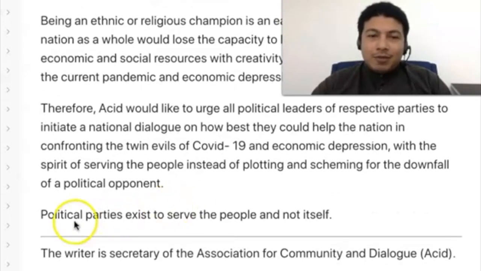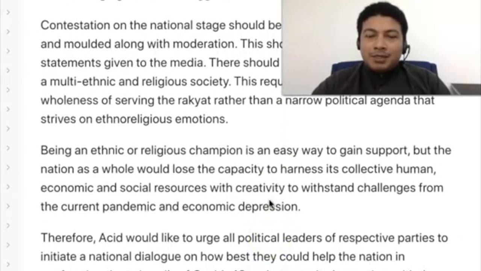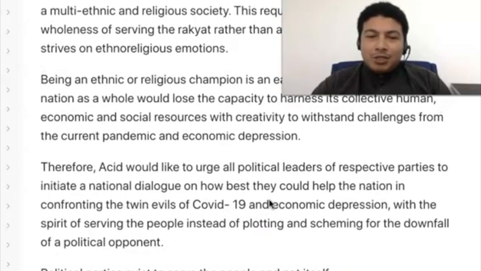And it ends with political parties exist to serve people and not itself. So the implied main idea is that politicians don't really do what they are supposed to do, which is to serve the people. Instead, they are being selfish and focus only on grabbing power but not serving the people.